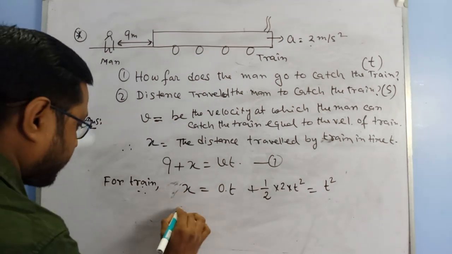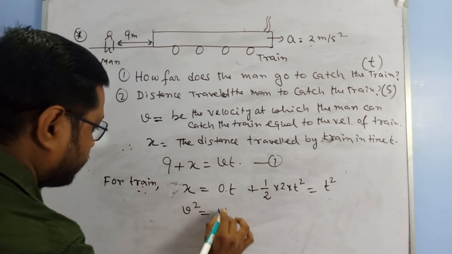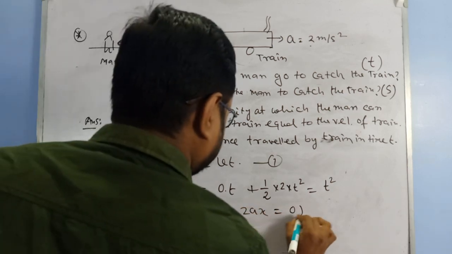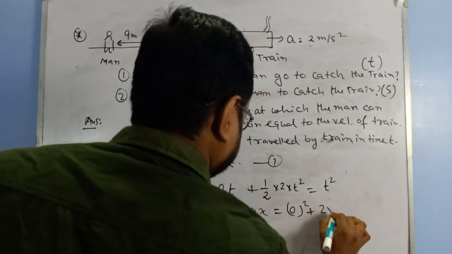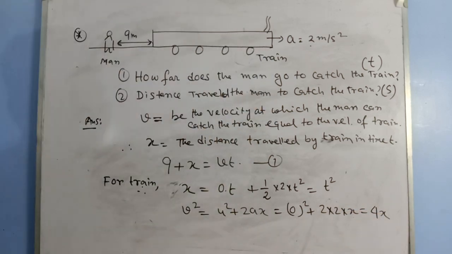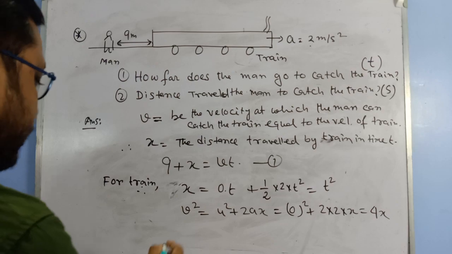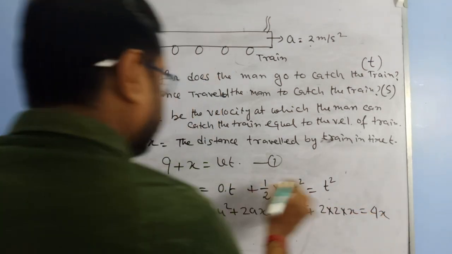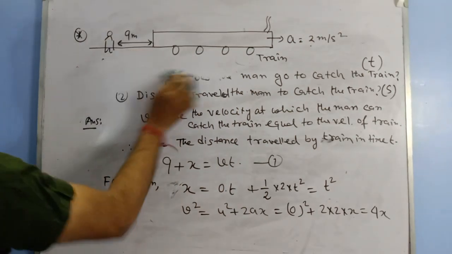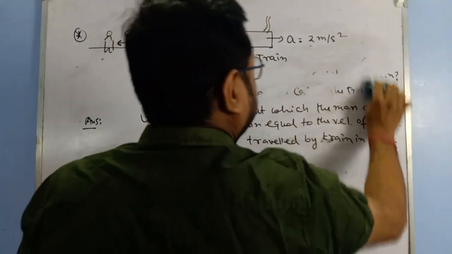And v square equal to u square plus 2ax, we can write it as 0 square plus twice into 2 into x, equal to 4x. So we get that v square equal to 4x and x equal to t square. This is the basic equation which can help me to find out the time and the distance.